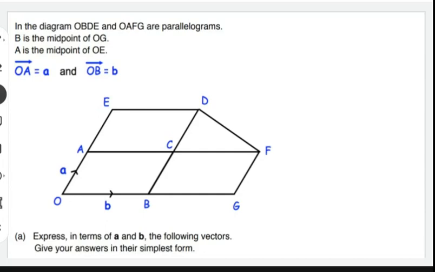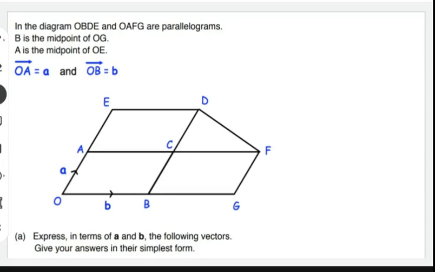Right, so that being said, with this diagram, we've got parallelograms, and they've also told us that B is the midpoint of OG.